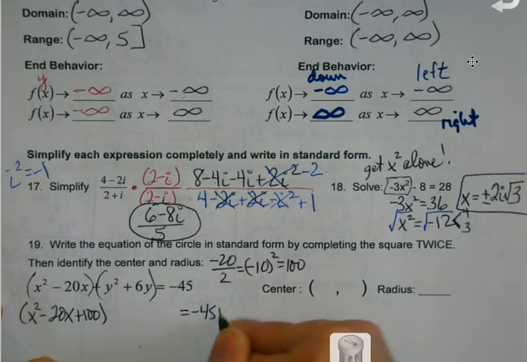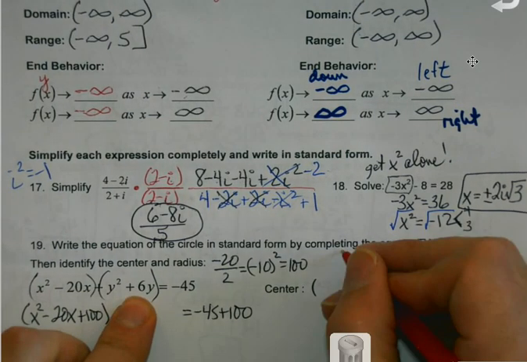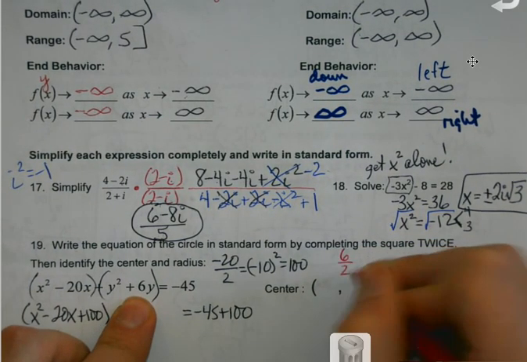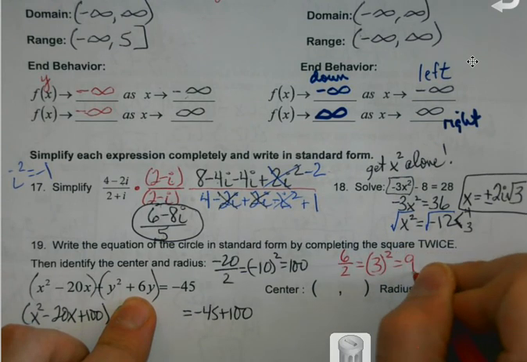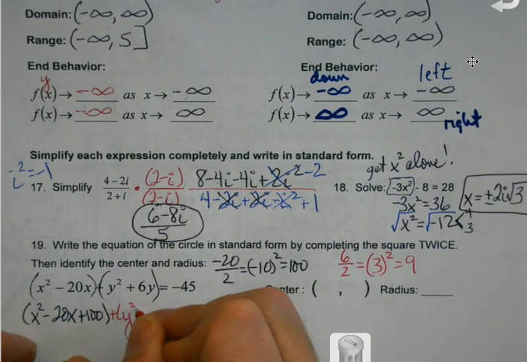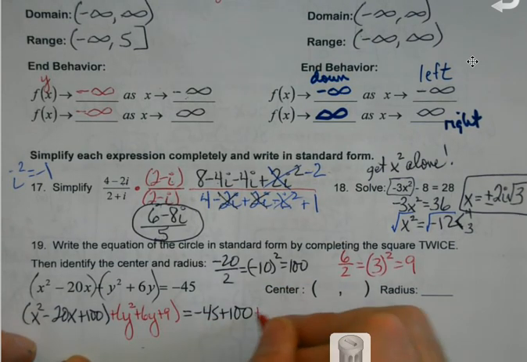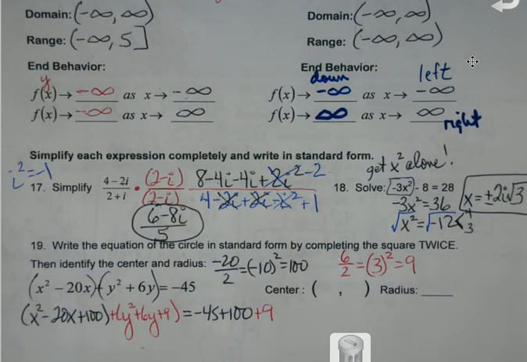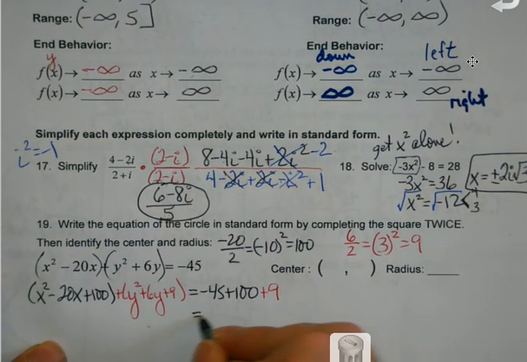Add that 100 to the other side as well. But then I have to do it again with my y's. b divided by 2, squared. So I add that 9 to my y's, and I also add it to the other side. So then this stuff adds up to 64.